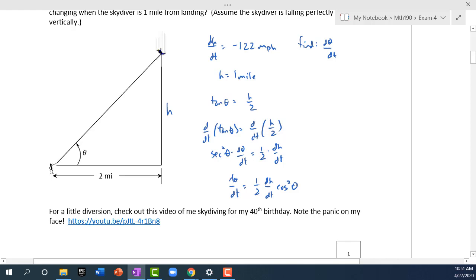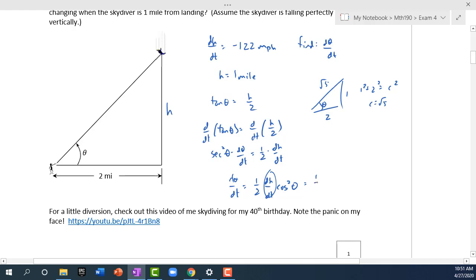Now we know dh/dt, that's negative 122. We need to figure out cosine theta. So we have theta, we have 2 miles, 1 mile, and we could find the other side: 1 squared plus 2 squared equals the hypotenuse squared, c squared. So c is square root of 5.